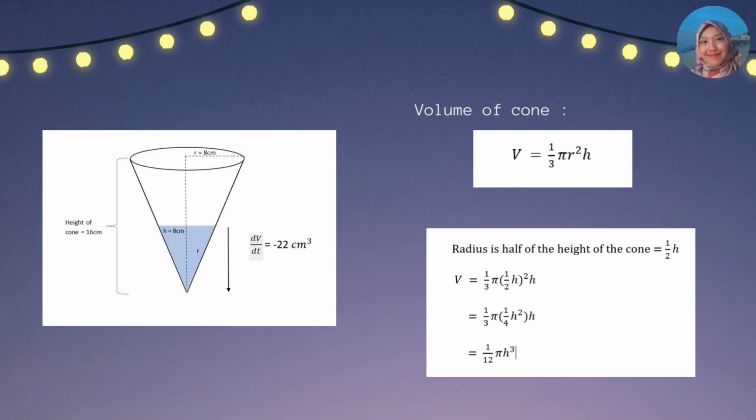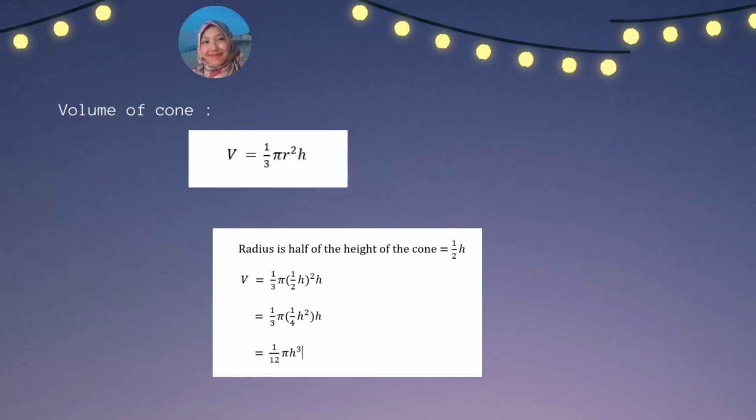By looking at the diagram, we can see that the radius of the cone is 8 and the height of the cone is 16. In other words, the radius is half of the height of the cone. Therefore, the new equation is as shown. The last equation will be V equals 1/12 pi times h cubed.